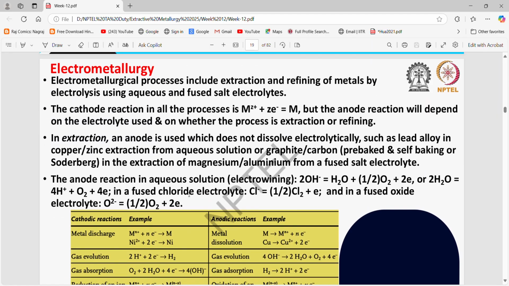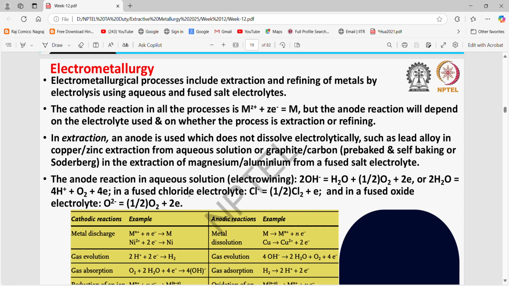Now coming to electrometallurgy. Electrometallurgical processes include extraction and refining of metals by electrolysis using aqueous and fused salt electrolytes. The cathode reaction in all the processes is M^(z+) + z electrons = M, but the anode reaction will depend on the electrolyte used and on whether the process is extraction or refining.